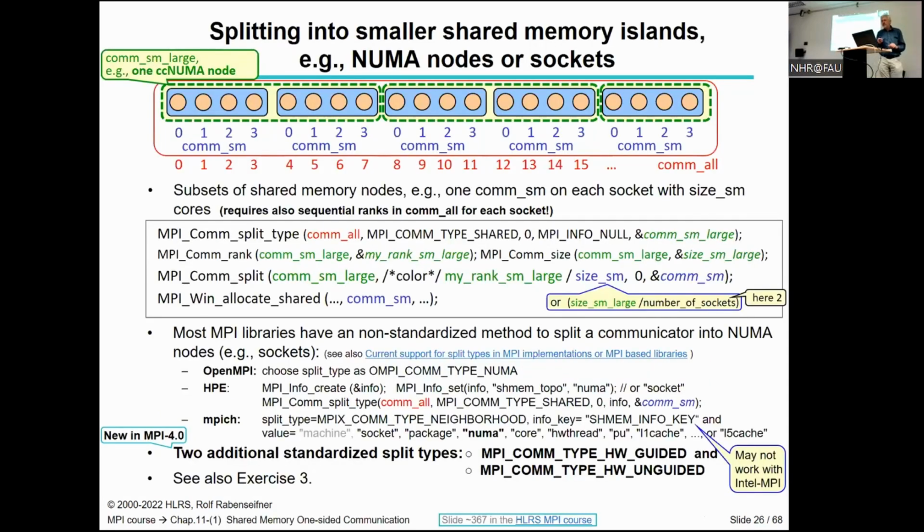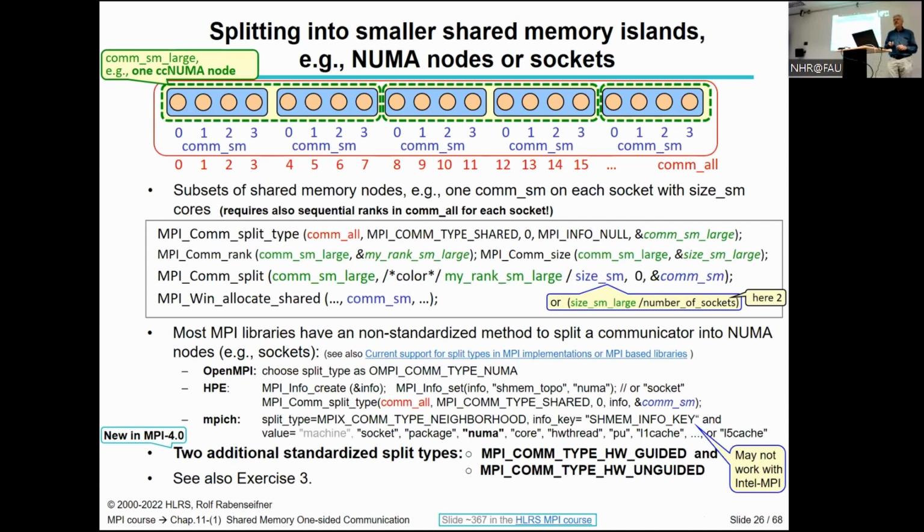And in principle, the problem is when you want to have it, for example, not on CC-NUMA nodes but only on NUMA domains, on sockets, as your island, then you were lost with MPI 3.